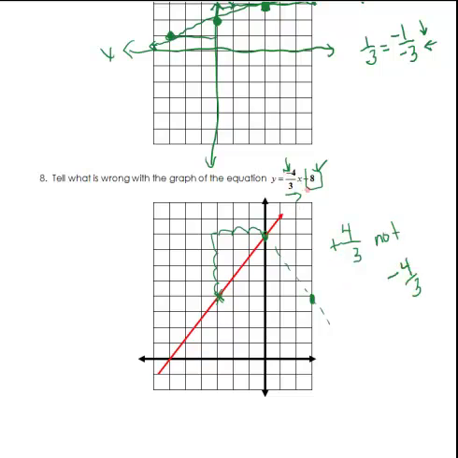And you could have looked at the equation and said negative means that my line should look like this, and our line looks the opposite direction, so the sign is wrong. Remember, positive slope goes up from left to right, negative slope goes down from left to right.